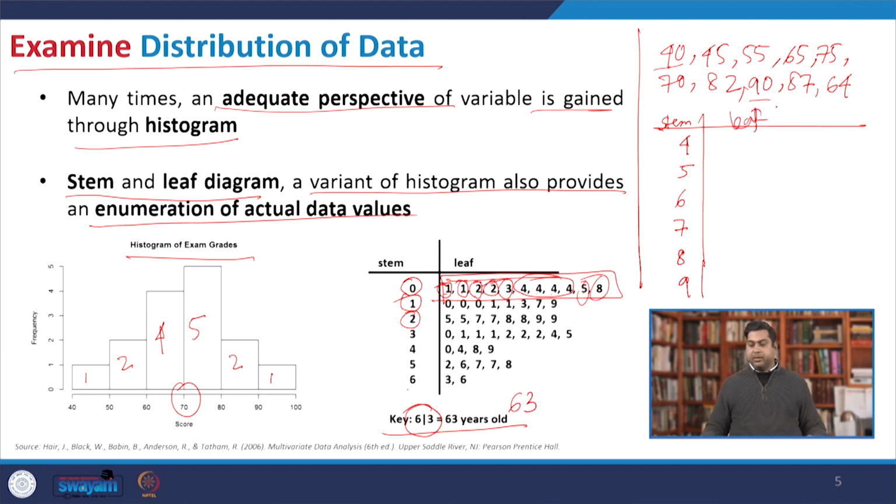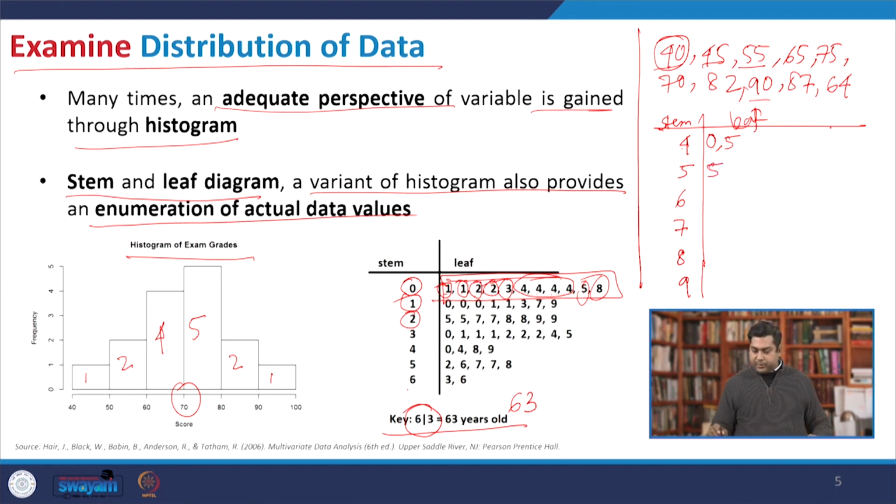Now we have to create the leaves. In the 40s, what are the values available? One is 40, so it is 0. Then another value is also there, that is 45, so we simply write 5. That means two values are 40 and 45. Now, in the 50s I can see only one value, 55.